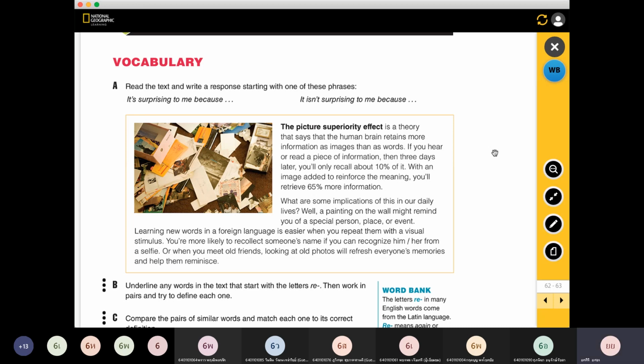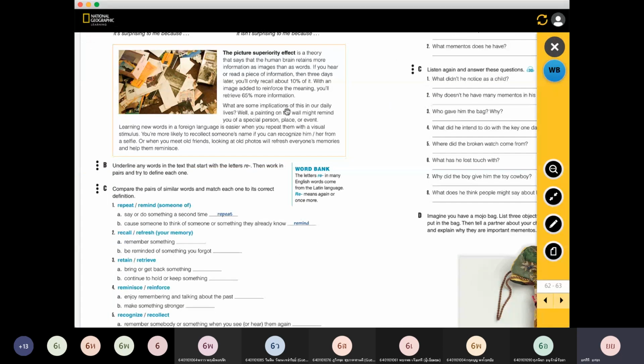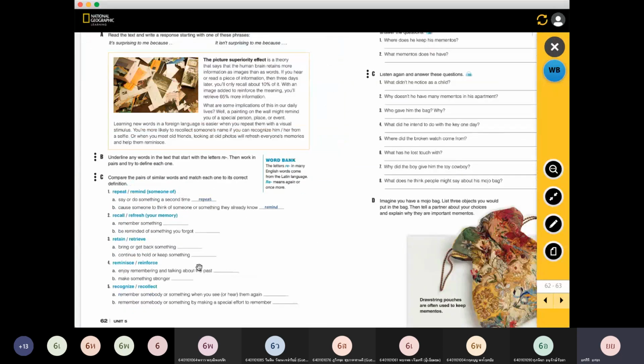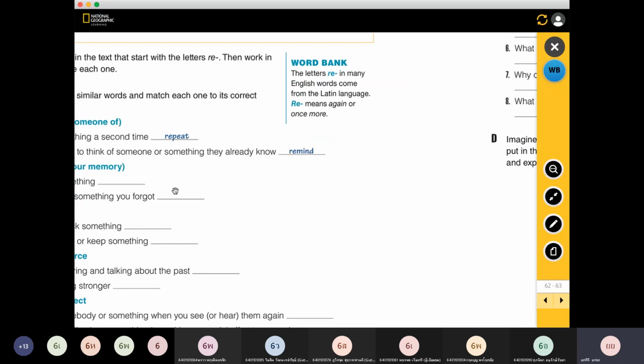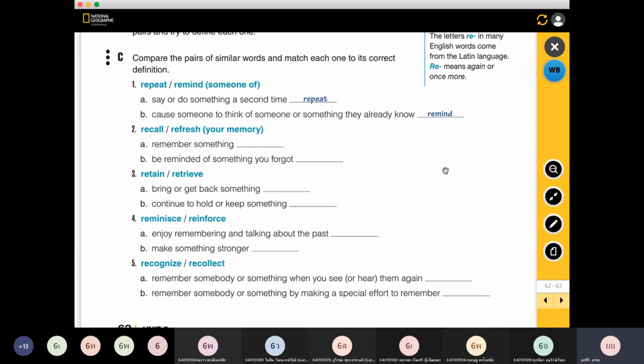Anyway, as we know now, we use our brain to memorize things, right? So in this case, you can expand and use the brain to read a lot of things, as in the focus of this unit. We are talking about lots of words starting with re.